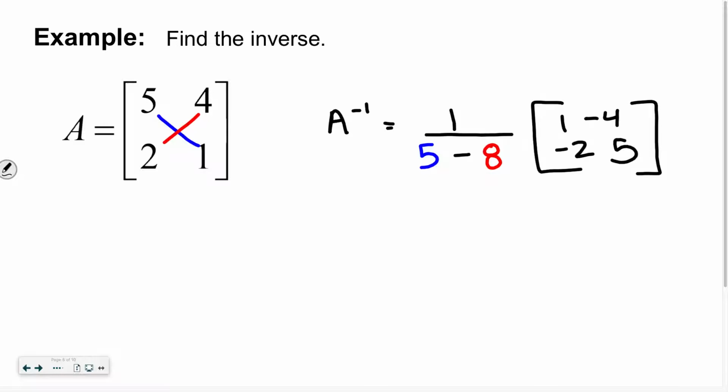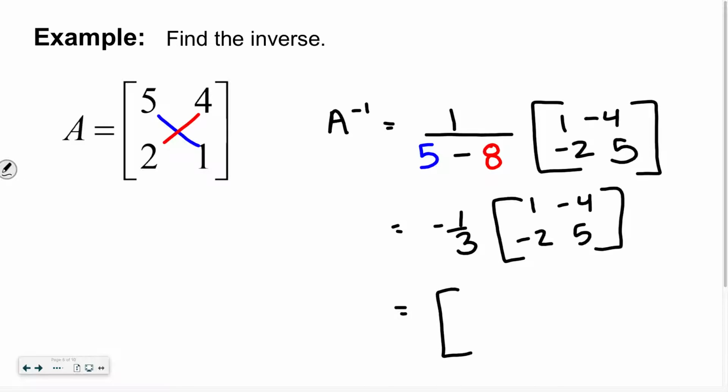Negative 1/3. Okay. So we're going to have negative 1/3 times this matrix, 1, negative 4, negative 2, 5. And to give me my final answer for an inverse matrix, you should distribute the scalar. So don't leave the scalar out front. Give it to all the entries. So my inverse matrix would be negative 1/3, positive 4/3, positive 2/3, and negative 5/3.